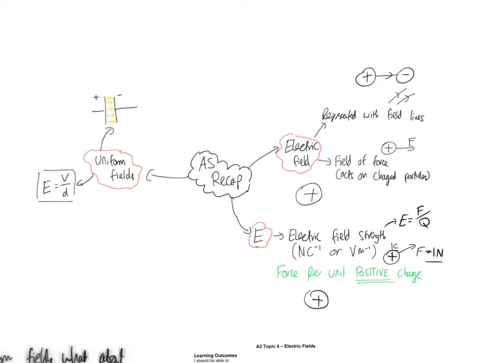So that would tell me the electric field strength at this point is 1 Newton per coulomb. It also has units of volts per meter, which we'll see where that comes from in a second. It's over here, and you could also prove that these two are equal. The definition is the force per unit positive charge. With gravitational fields, it's just the force per unit mass, because there's only one type of mass. In this case, there are two types of charge, so we need to define which one we're referring to.